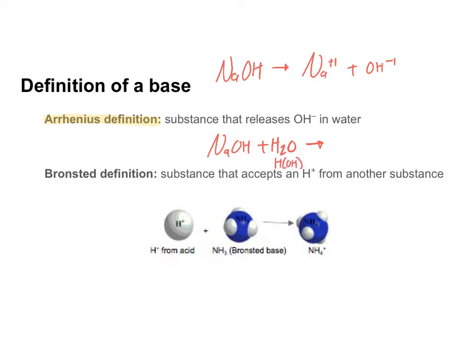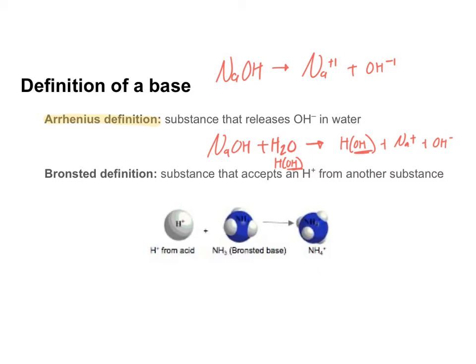So on the product side, we will still have water, the sodium ion, and the hydroxide ion. When you put sodium hydroxide in water, it increases the amount of OH that's present. The reason I wrote water as HOH is to show you that's where some of the hydroxide is located.